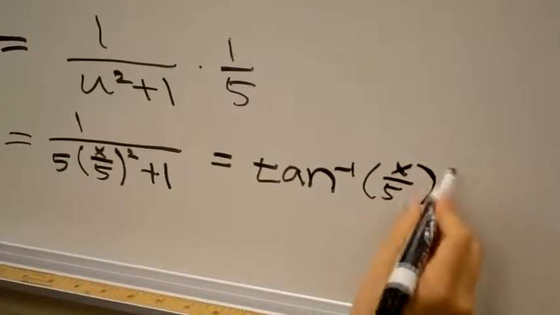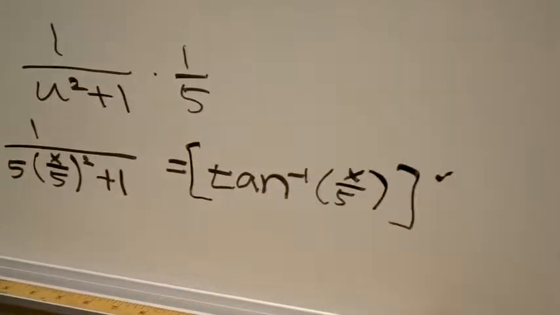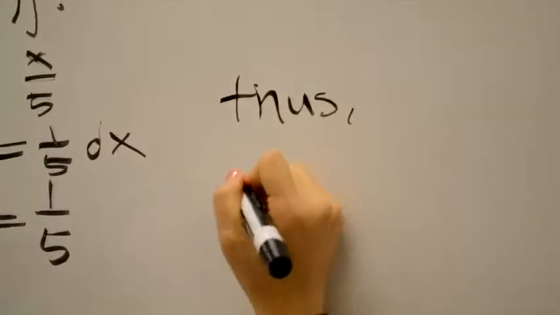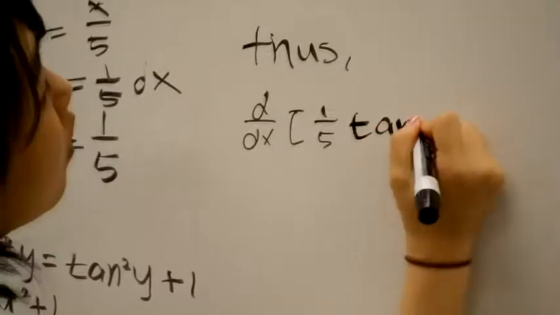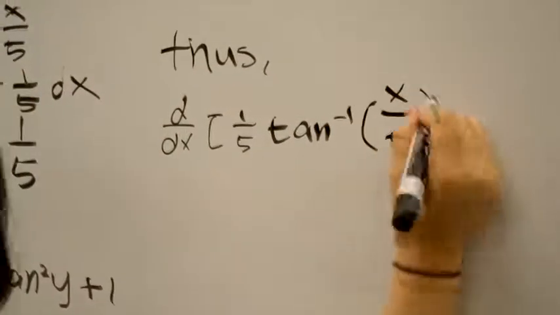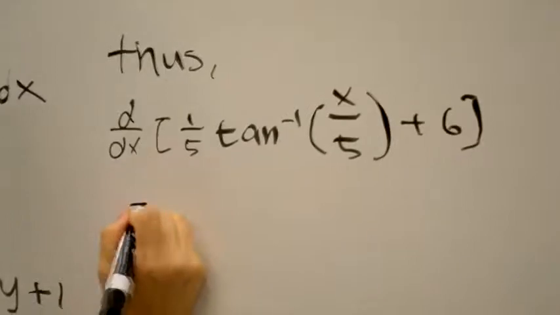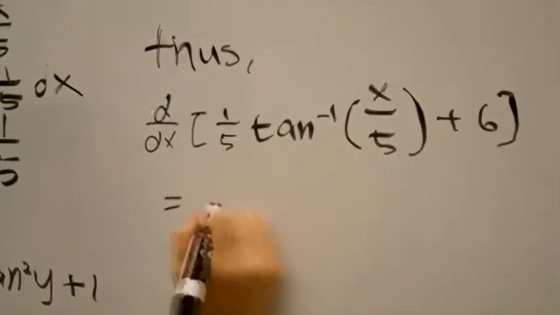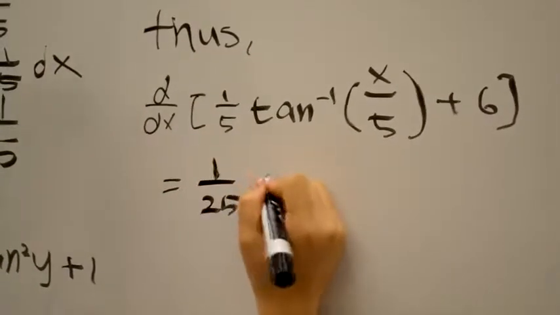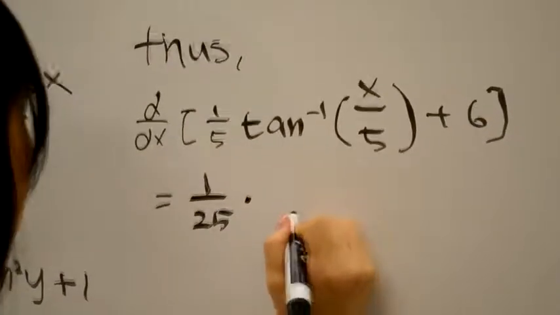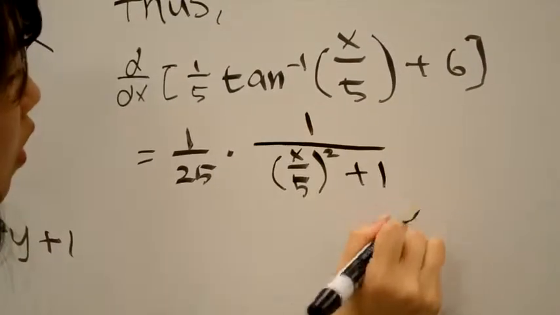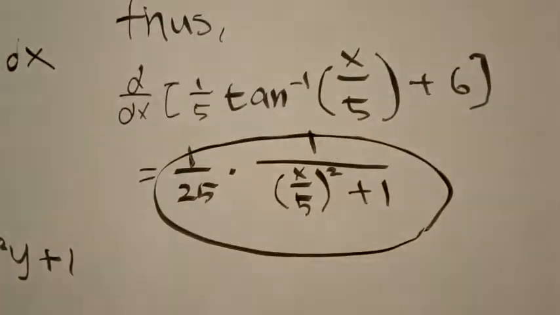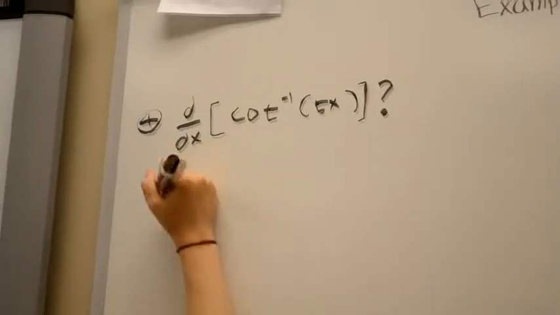And then since that's the value of the derivative of inverse tangent x over 5, we're going to multiply it by 1 over 5 again because we had it before we were solving the derivative first. And that gives us 1 over 25 times 1 over (x over 5) squared plus 1.